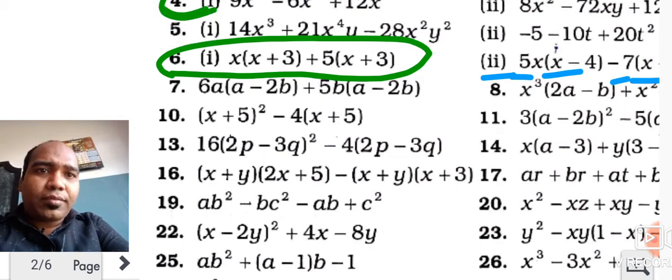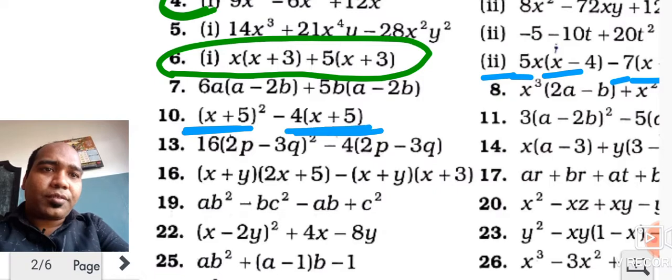Question number 10 is given: x plus 5 whole square minus 4 into x plus 5.